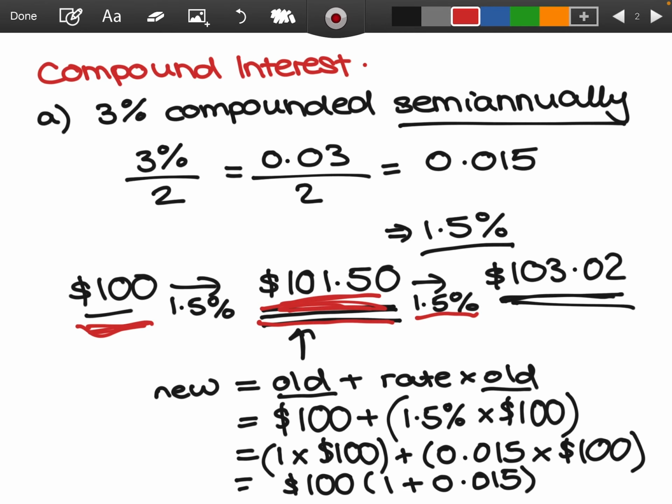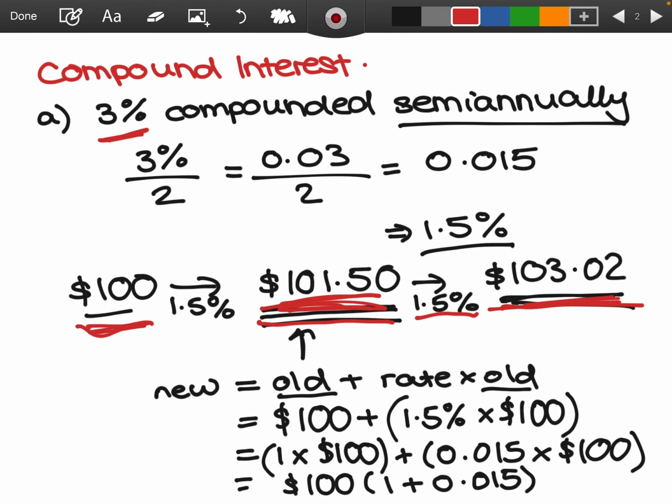Because when we go back and look at this example, okay, when we did this, you'll see that I ended up with $103.02. Well, that's not actually 3%, okay? I've accrued 1.5% interest twice throughout that year, which ended up giving me $103.02, okay?